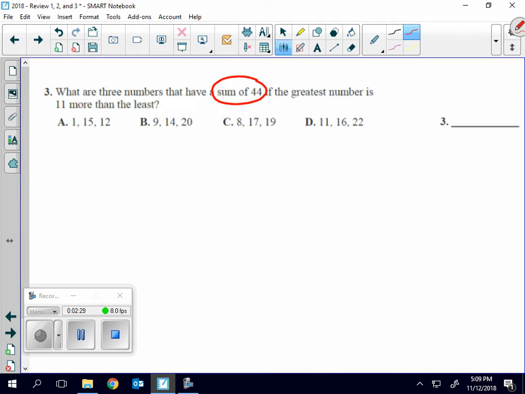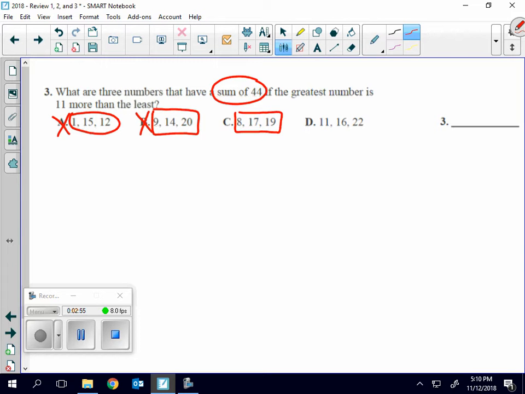So you're just going to add up all the numbers in A on your calculator. 1 plus 15 plus 12. It does not equal 44, so obviously it can't be an answer. Let's look at the next one. We're going to add these up in our calculator. 9 plus 14 plus 20. That equals 43, so that can't be our answer either.